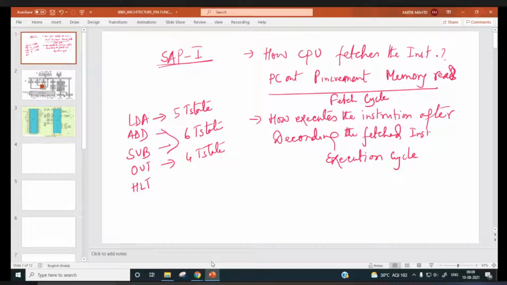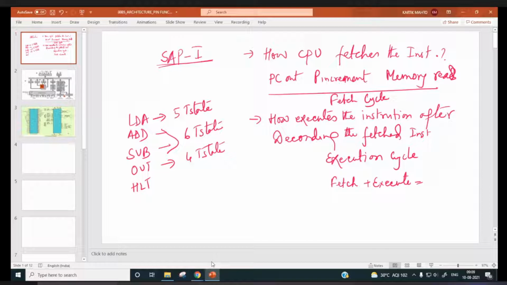So fetch plus execute cycle equals 6 T states. So while executing, say, LDA, 1 T state is wasted. And during that time, 3E3 was the control word.